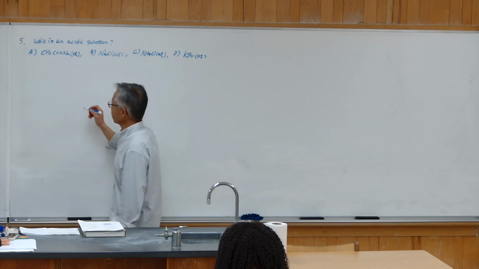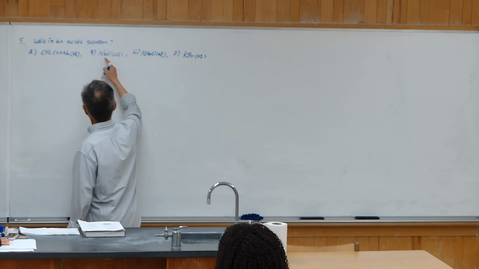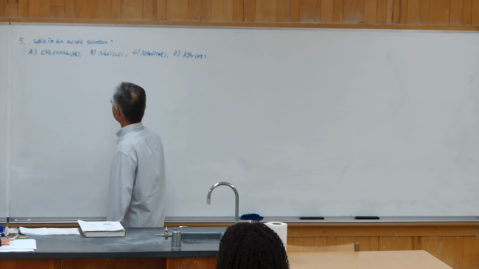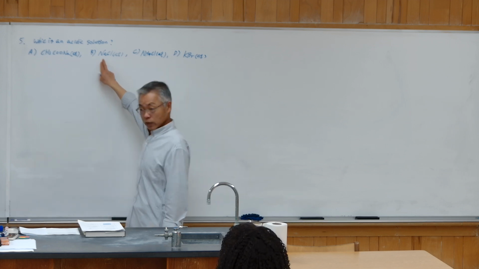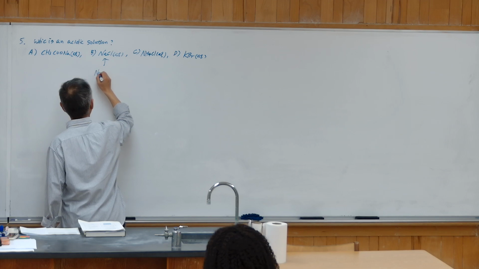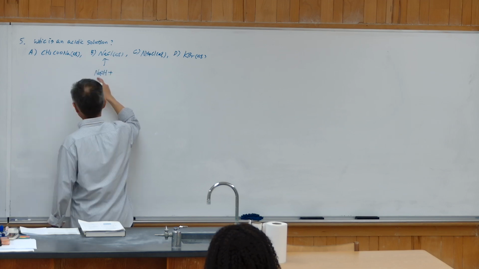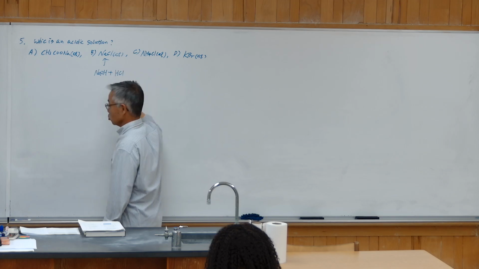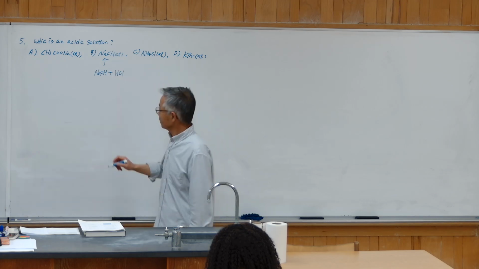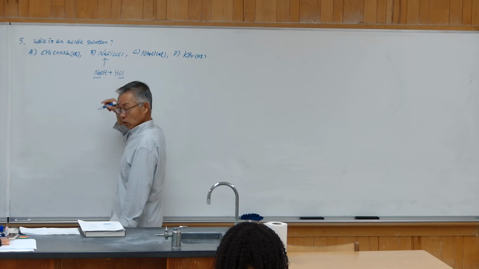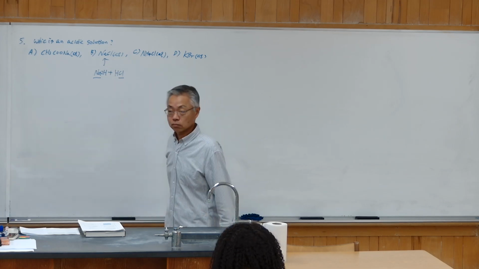A good example is here. Sodium chloride. This comes from a strong acid with a strong base, right? You can think of this as coming from sodium hydroxide, a strong base, and hydrochloric acid, a strong acid. So a strong acid and strong base reaction gives you a salt which is neutral.